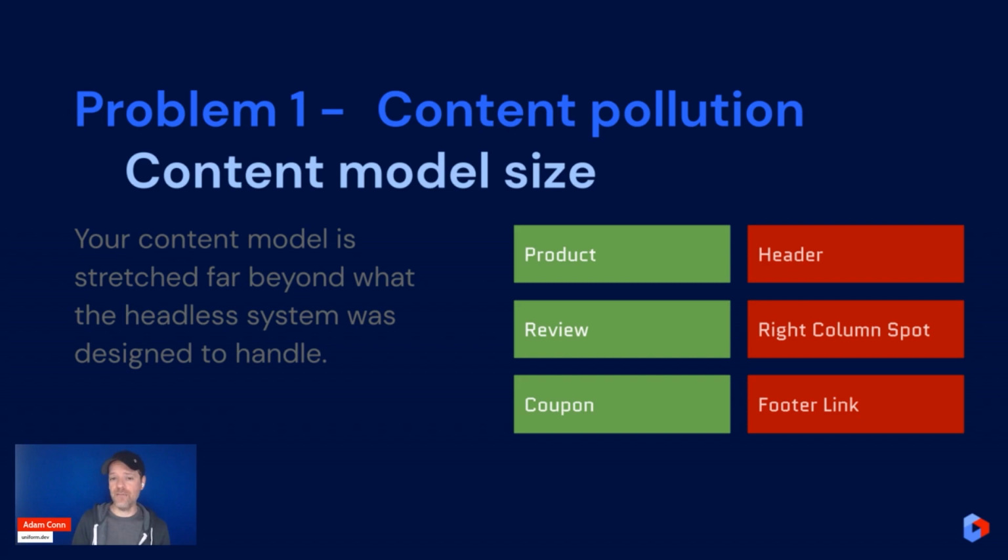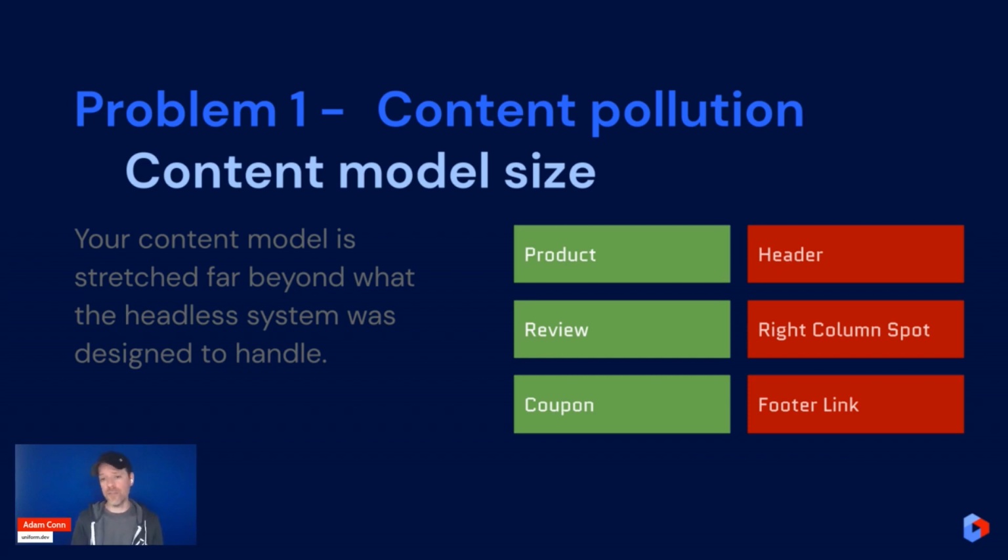Another problem that we have here is the size of the content model. And this is an issue for practical and financial reasons. So I'm talking about here the number of data types that you need to define in your system. And this is similar to the content model complexity, but in the content model complexity, we were talking about the number of fields. So instead of having a large number of fields in a content type, now we're talking about having a large number of content types themselves.